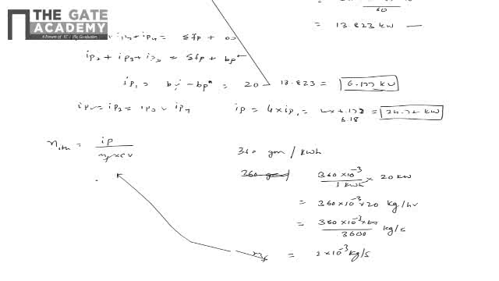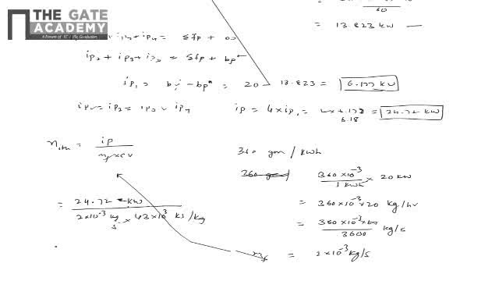So IP is 24.72 kilowatt, and the mass is 2 into 10 power minus 3 kg per second, with the calorific value 43 megajoules. Put 10 power 3 so that it becomes kilojoules per kg.